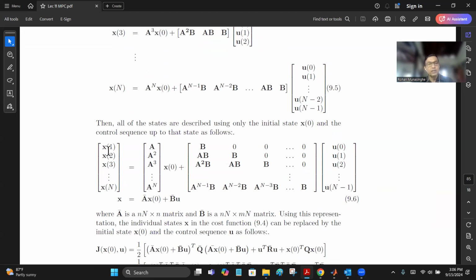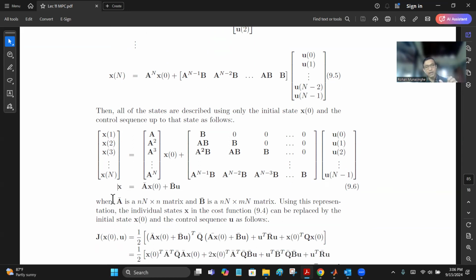So now we can write this as vector x. This is not just the state vector, but all of the state vectors from time 1 to time n, without the first state. The first state is over here. And this long vector, a, a square, a to the 3 and so on, we'll write as a bar.